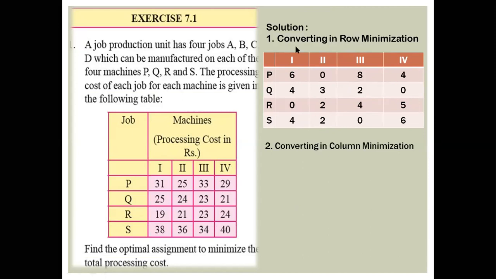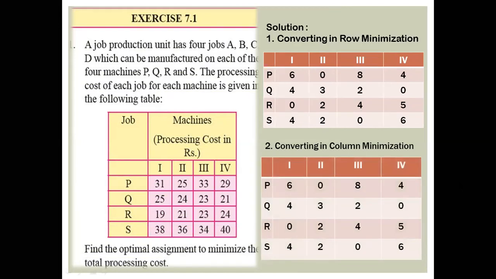Now in every column, I have to identify the minimum number. So in the first column, the minimum number will be 0. In the second, again, it will be 0. In the third, again, 0. And in the fourth, again, it will be 0. So this will be my column minimization matrix.